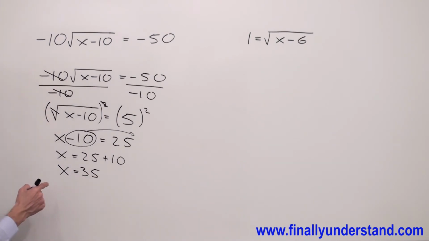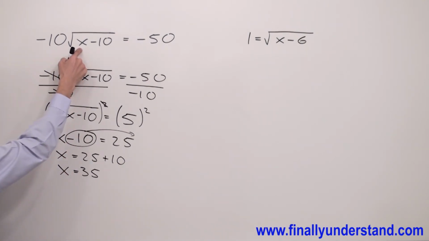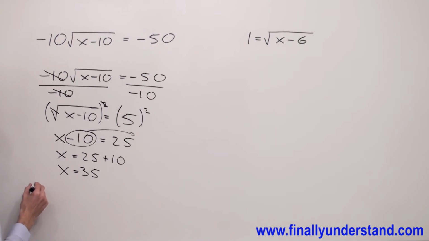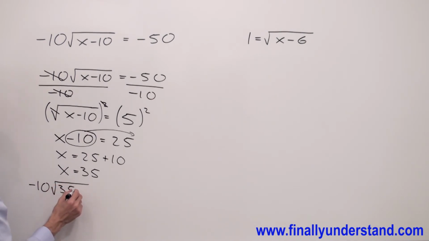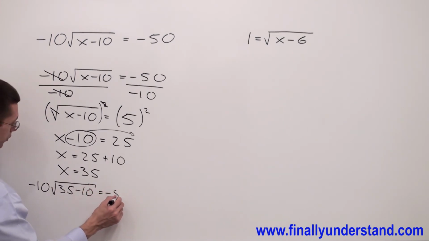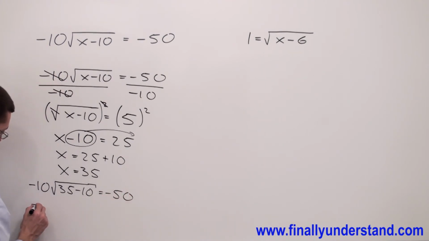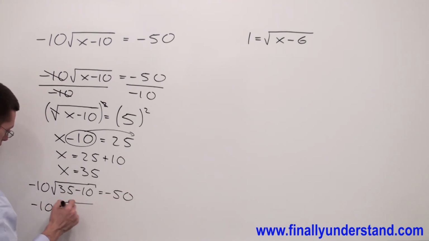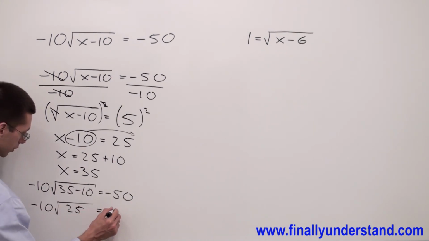Let's check if this is the correct answer. I'm going to replace x in my original equation by 35. So I'm going to have minus 10 square root of 35 minus 10 has to be equal to minus 50.